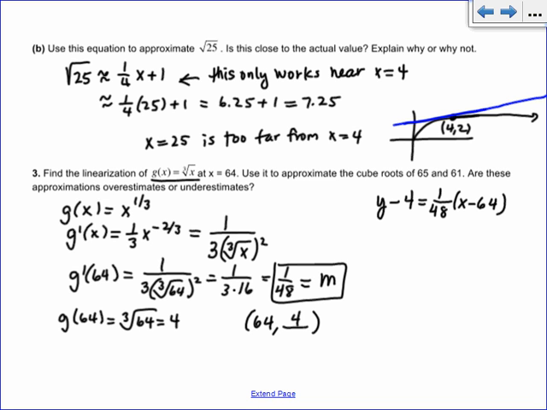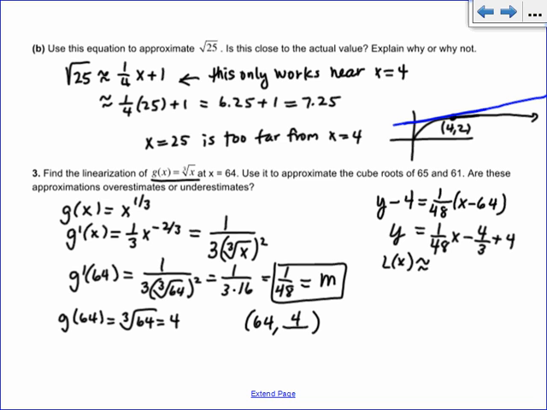And I always have to simplify. At the beginning of the year when we found equations of tangent lines, I never made you multiply it out. But for linear approximations, you always need L of x is approximately, or f of x is approximately this. You don't need anything over with it. So we have 1 over 48 x minus, they're both divisible by 16, so it's 4 over 3, and then plus 4.